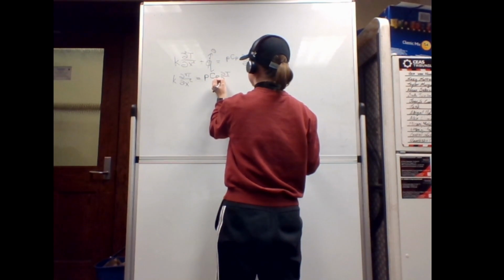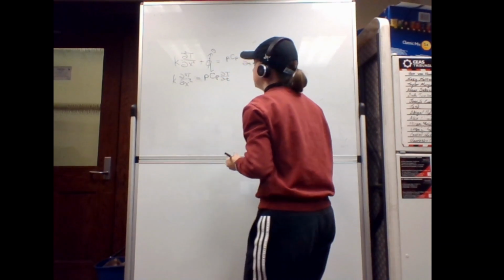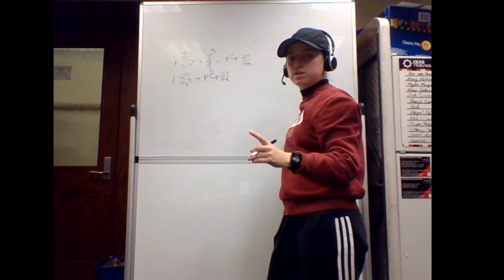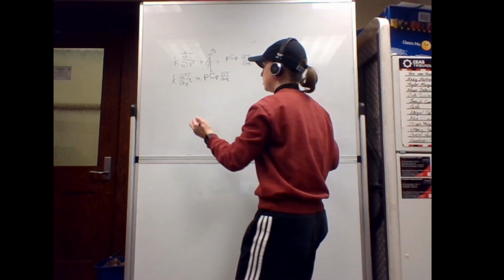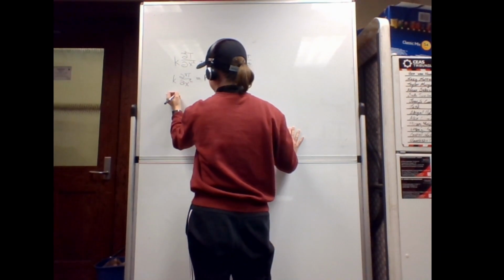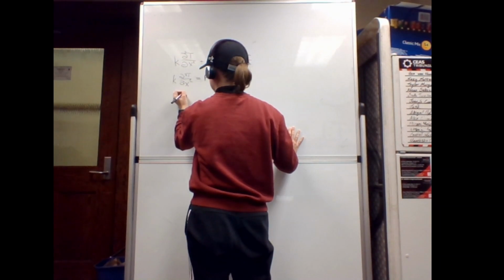Change the temperature with respect to time. There's a couple of things we can do to simplify this down more. If we divide by k on both sides, we rewrite this.